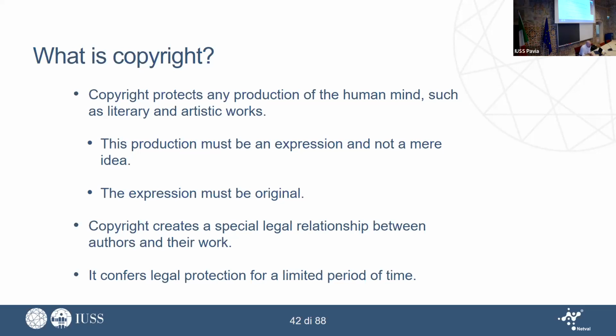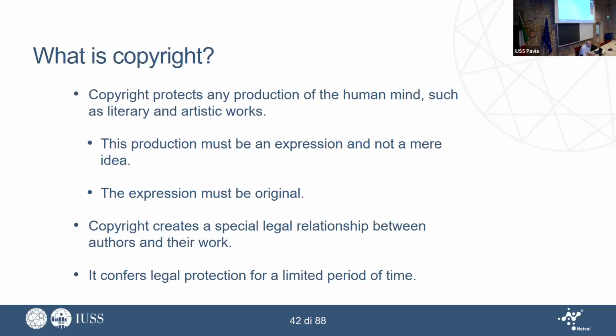The period for which legal protection is granted is a term of minimum 50 years after the author's death. So not from the registration, not from the creation, but from the author's death.